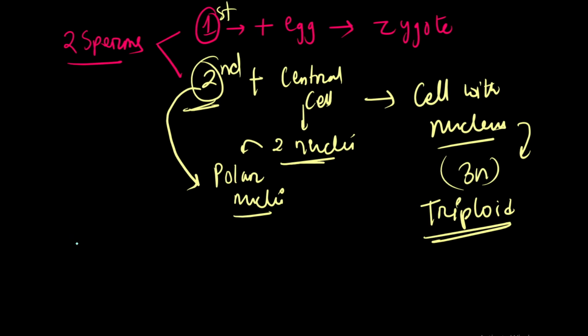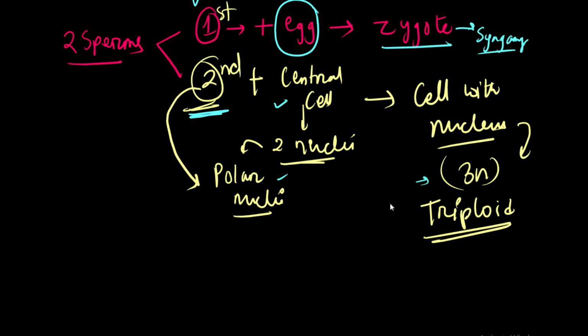One of the gametes fuses with the egg. As a result, it forms a zygote, and this process is called syngamy. The second sperm fuses with the polar nuclei of the central cell, which forms a triploid nucleus. Here three nuclei fuse to form a single nucleus with a triploid chromosomal state. That's why it is called triple fusion. As fertilization occurs twice, it is called double fertilization.